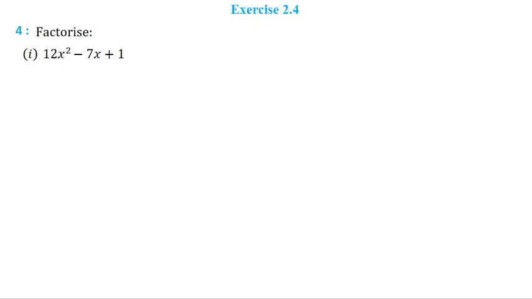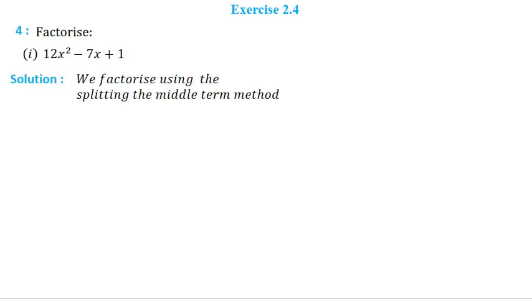So let us start with first subproblem of question 4, where we have to factorize this 12x square minus 7x plus 1. Now we factorize using the splitting the middle term method. So here I will find two numbers such that their addition is minus 7 and their product is 12 into 1, that is 12.